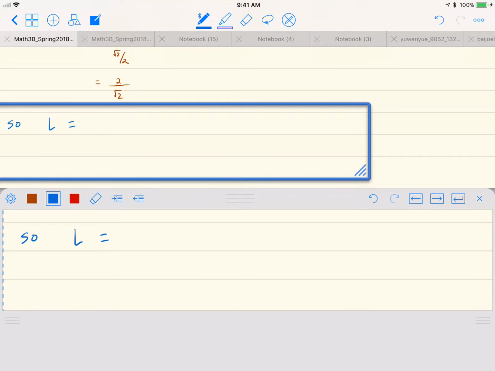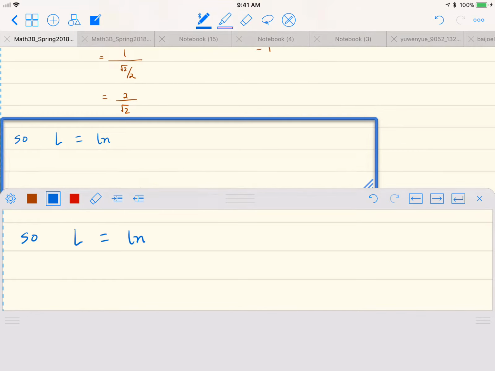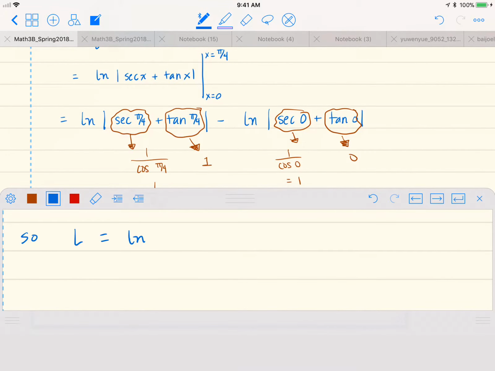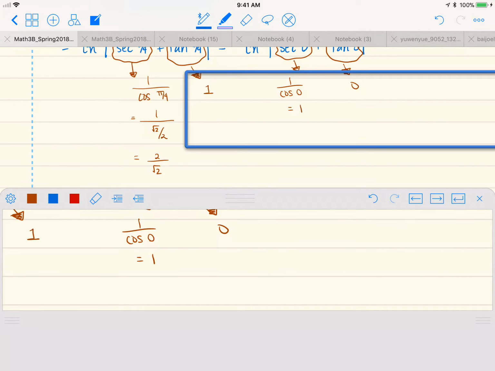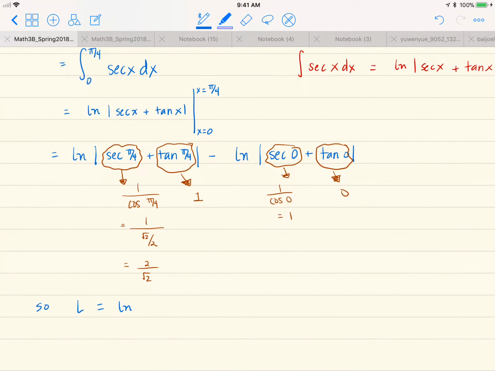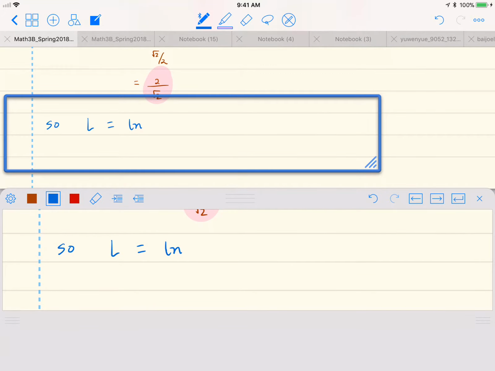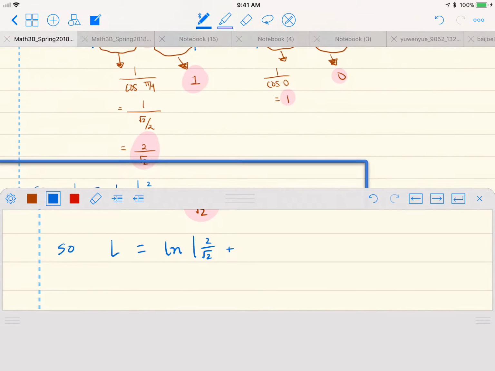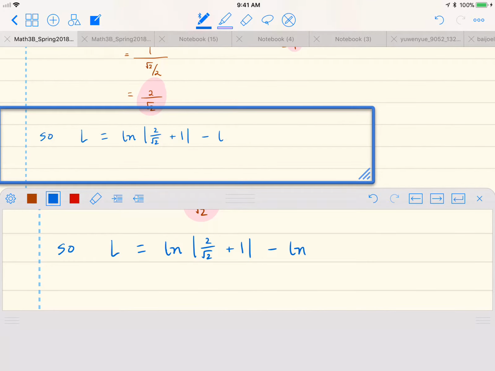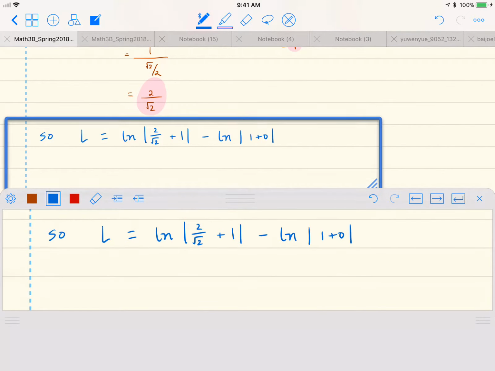L equals natural log of 2 over root 2 plus 1 minus the natural log of 1 plus 0.